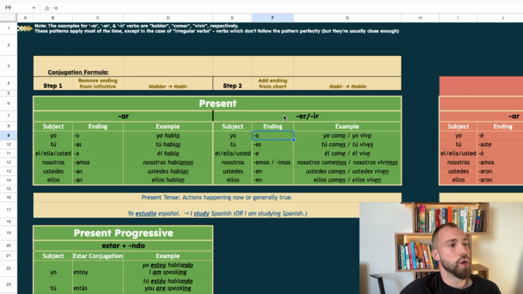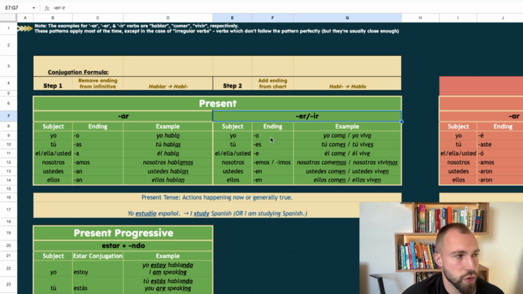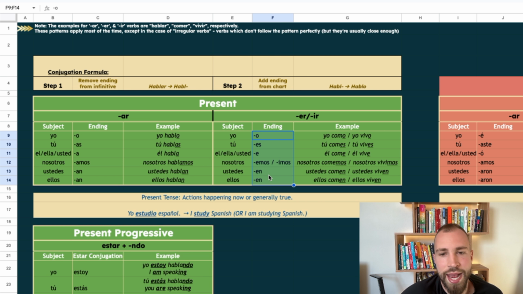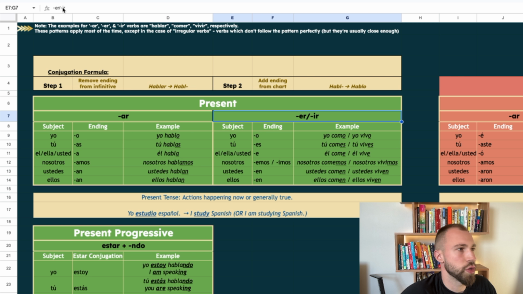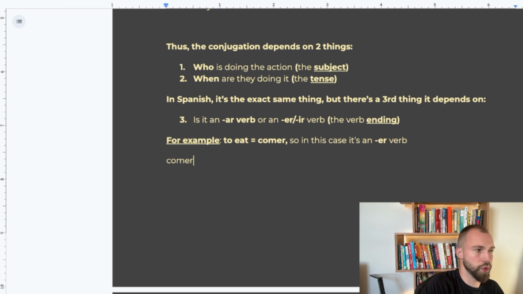So, like I said, comer is an ER verb, so it's going to follow these patterns. The endings are basically, you remove whatever the ending is, whether it's AR, ER, or IR. So in the case of comer, we remove the ER.